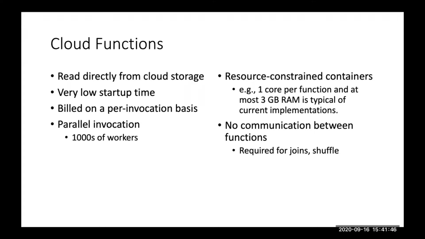But this is required for Starling to work because it's an analytics processing platform, and there are operations such as joins and shuffles that require these different functions to talk to each other. What Starling does is provide a way to do this communication on top of cloud functions.